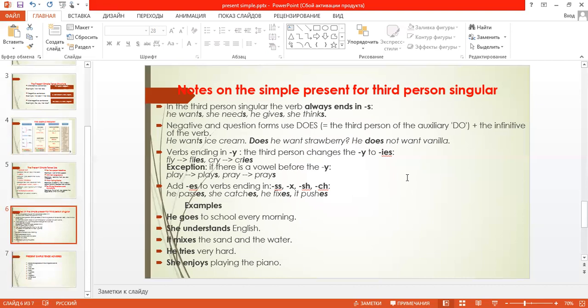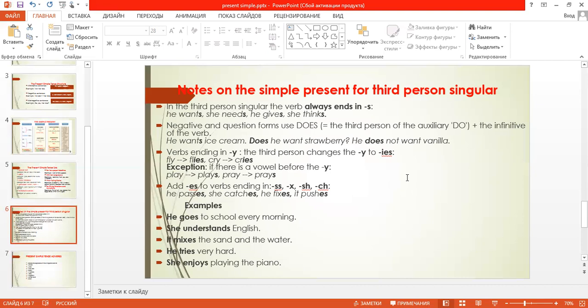But in some cases, as I have said, the letter Y remains without any change when we add S in the third person singular, for example, play, pray, because here the letter Y comes after the vowel letter A. As a result, it functions here as a consonant letter. Therefore, the present simple tense ending S is added without any change.